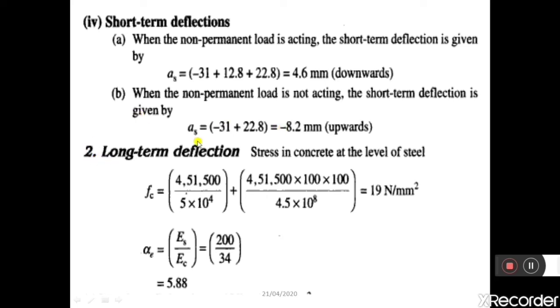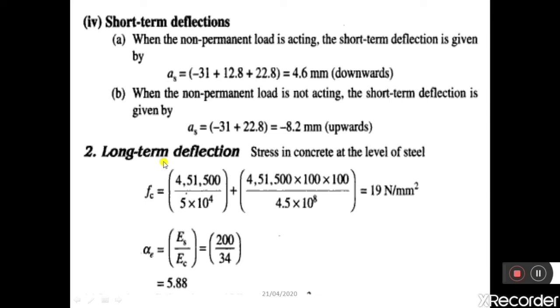Now coming to the long-term deflection. Here, long-term deflection means we are going to consider the deflection by considering all the losses, because they have given the values for loss due to creep, loss due to shrinkage, and loss due to relaxation.